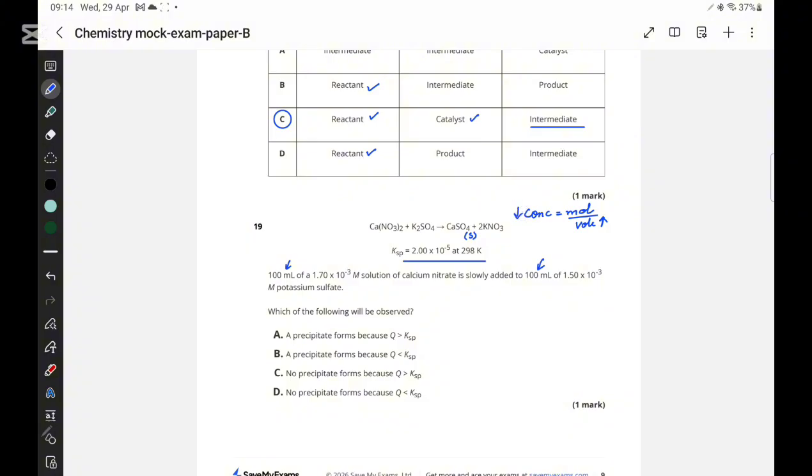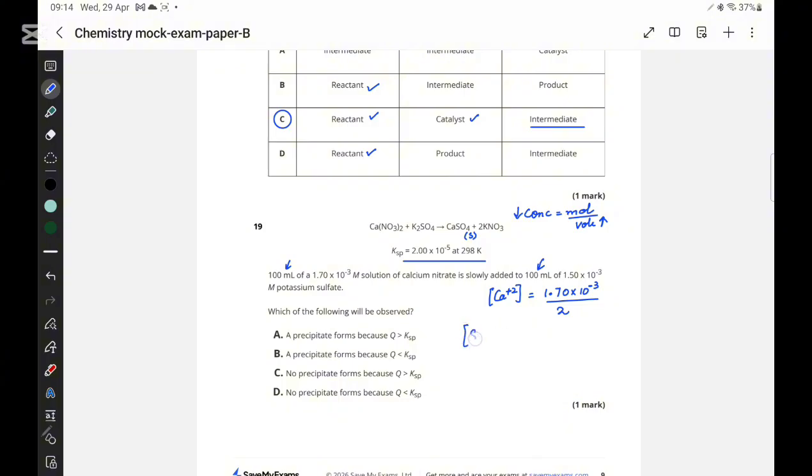So the concentration of calcium ion from calcium nitrate, you need to do 1.70 times 10 to the power minus 3 divided by 2. Why are we doing 2? Because volume is doubled, so concentration becomes half.